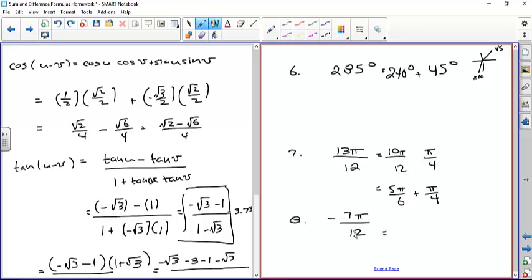And again, these are twelfths, so you're probably going to subtract something. The 4 choices we have are pi over 4, which is 3 pi over 12. We could do this one, which is going to be 3 pi over 4, which is 9 pi over 12.